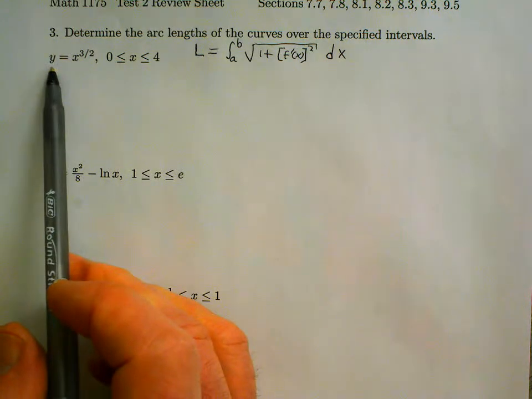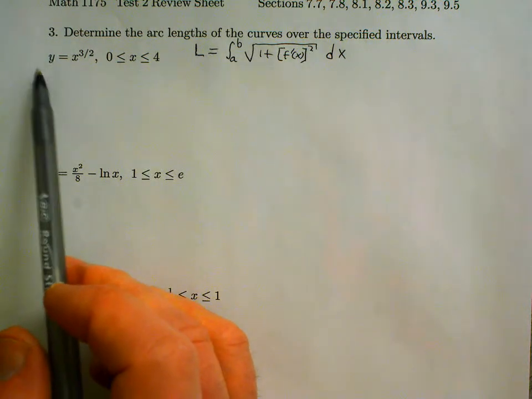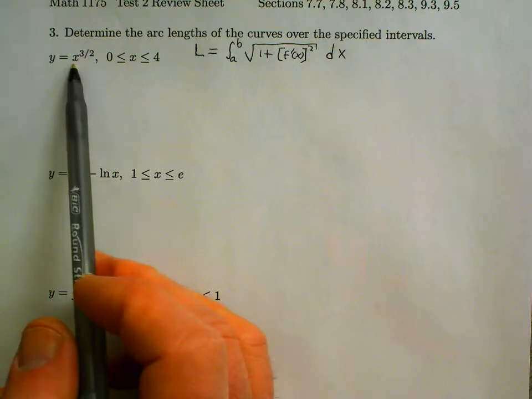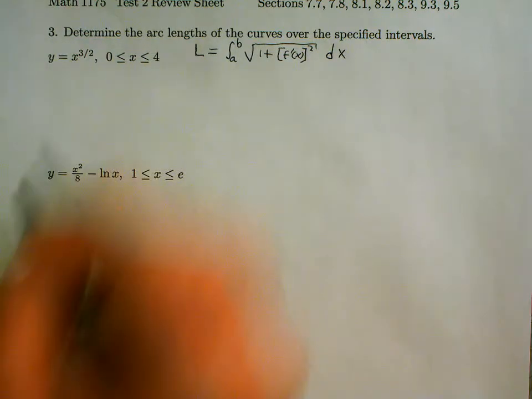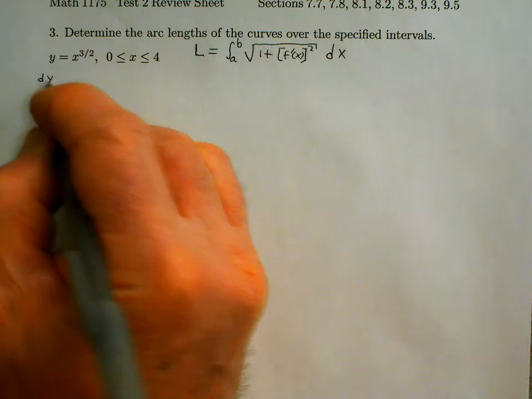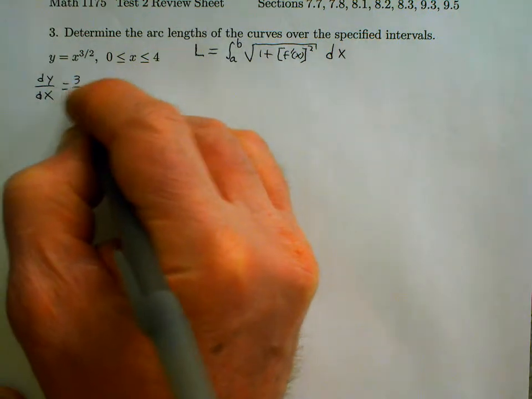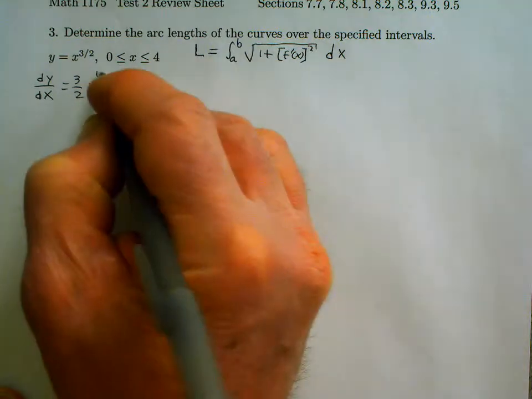Okay, so our function, it's not called f of x, but you could write f of x equals x to the 3/2. Anyway, we need to find the derivative. The derivative of y with respect to x is 3/2 times x to the 1/2.